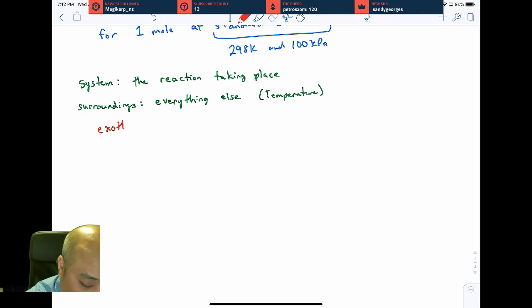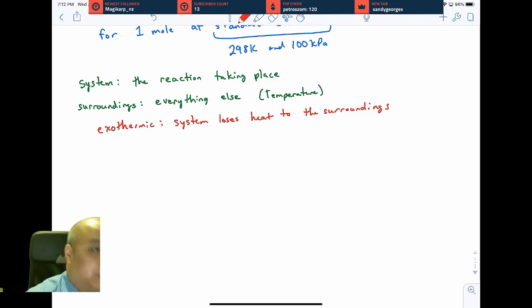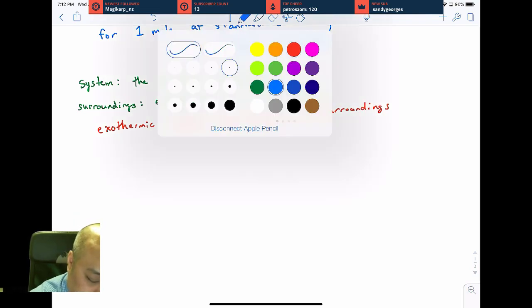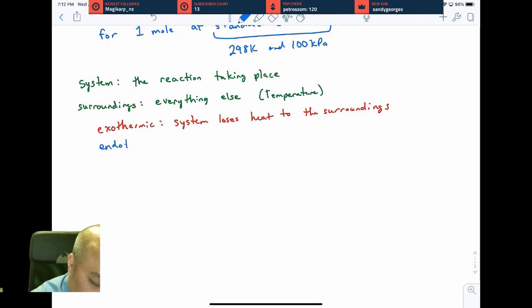There is exothermic, where the system loses heat to the surroundings. And we have endothermic, where the system absorbs heat from the surroundings.